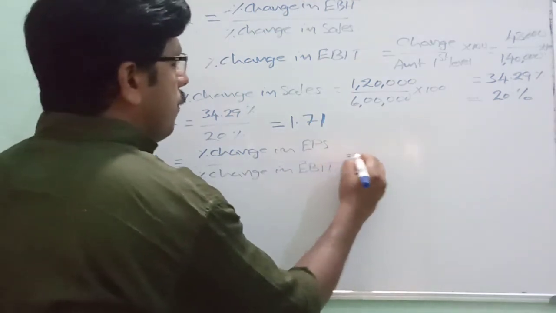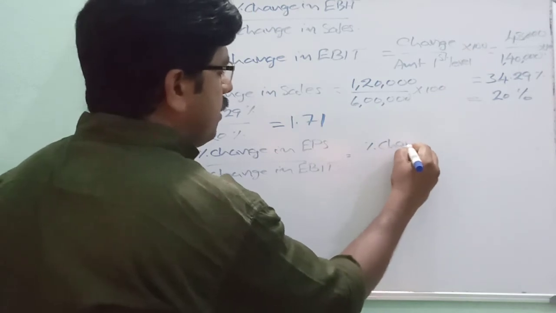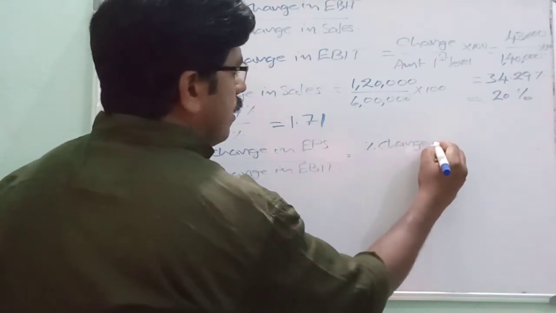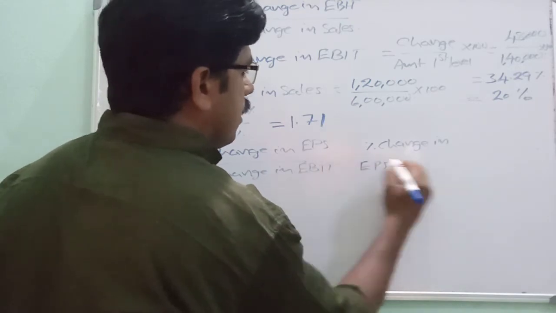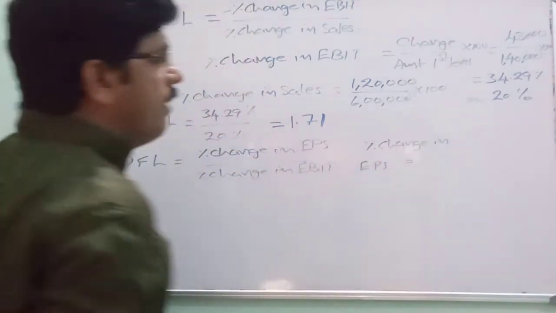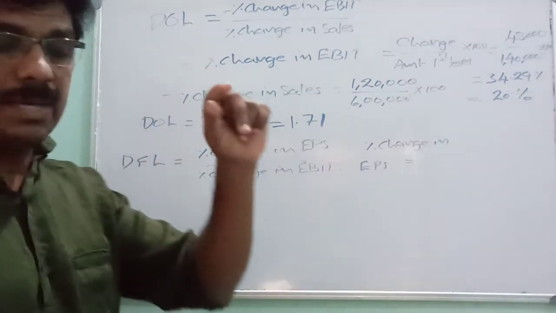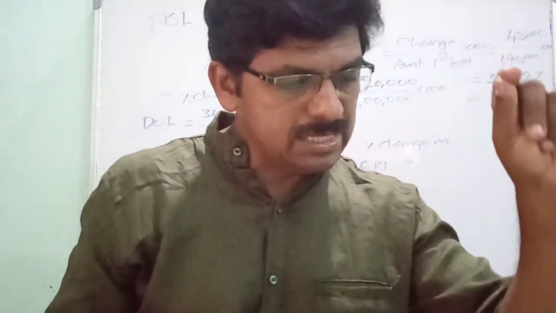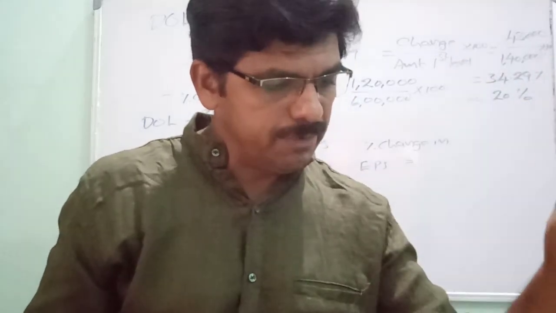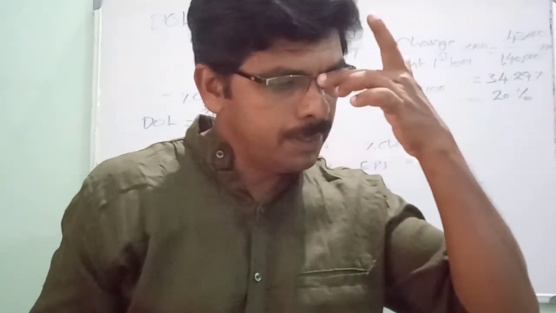Percentage change in EPS is change divided by amount at the first level. EPS is 0.67 and 1.07, therefore the difference is taken.